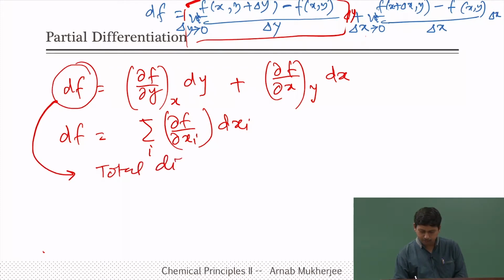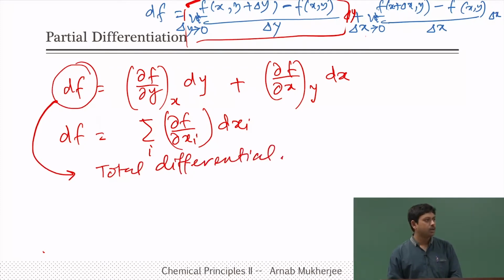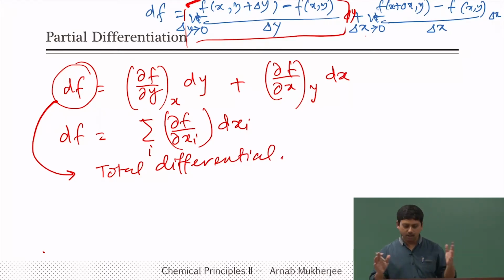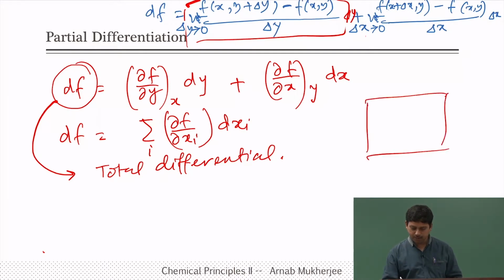It's called total differential. That means how much difference is there altogether when we change those variables. Now, what does it mean basically? It means that let us say I have a 2-dimensional surface and then I want to reach from this point to that point.